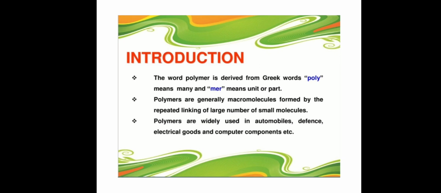Polymers are widely used in automobiles, defense, electrical goods, computer components, etc. Otherwise, many small molecules can combine in various ways to form a macromolecule. That macromolecule is called a polymer.